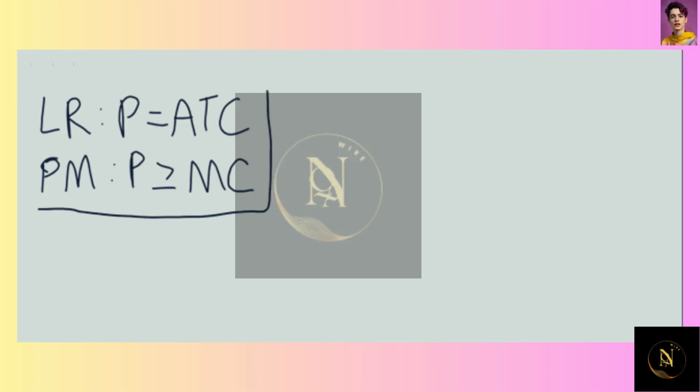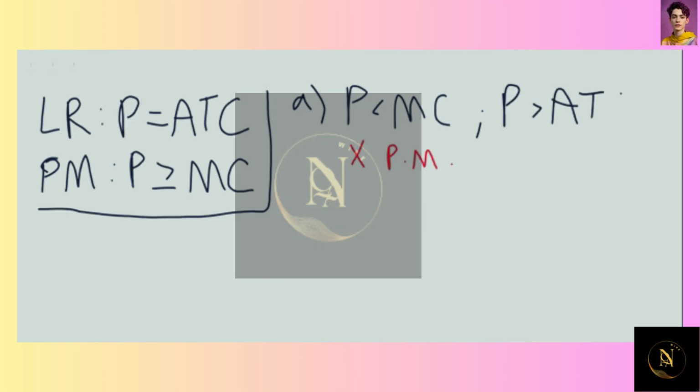So A says price is less than our marginal cost. So these cannot be profit maximizing, because our rule is that price is greater than or equal to MC. And then our next given is that price is greater than ATC at this point as well. This is also easy to say that it is not in the long run because it's not equal to ATC.